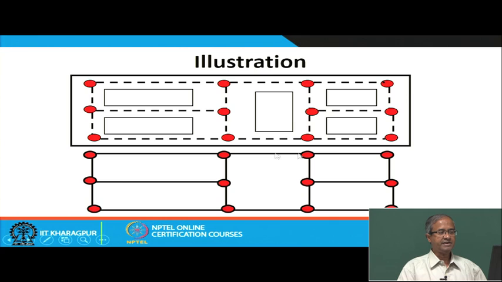Now, see, the channel intersection graph directly keeps track of the channels and intersections, which is important for global routing, because in global routing what we are trying to do? We are trying to find out an approximate path between 2 points that are required to be connected.